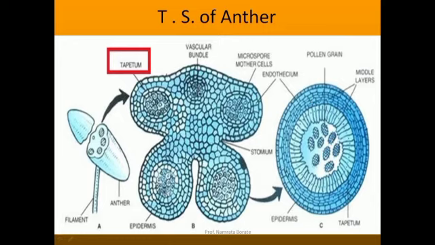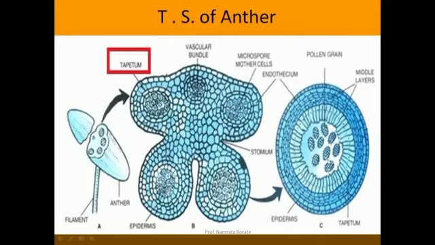The innermost layer is known as the tapetum. It is the innermost layer of the anther wall. Outer one is the epidermis, second one is the endothecium, next one is the middle layer, and the innermost layer is the tapetum. This tapetum is present around the sporogenous tissue, so called the microspore mother cell.